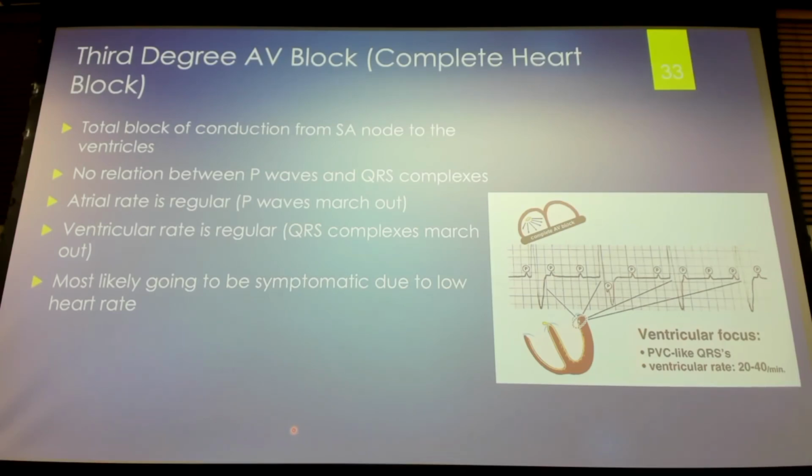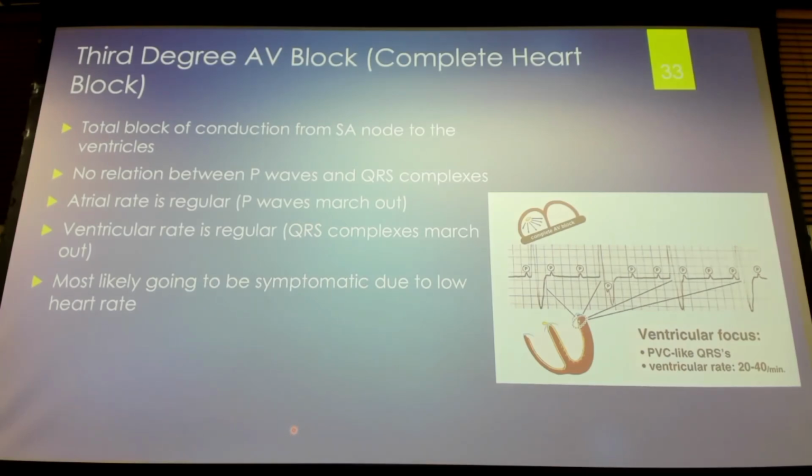The ventricles don't get that depolarization, so the ventricle says, hey, I didn't get word that depolarization was occurring, so I'm going to depolarize as well. So at the AV node area, at that junction area, there's no coordination, no depolarization at all going down to the ventricles. So atria, they're doing their job, they're firing. Ventricles is waiting, like, wait, I don't get anything, so I'm going to fire too.